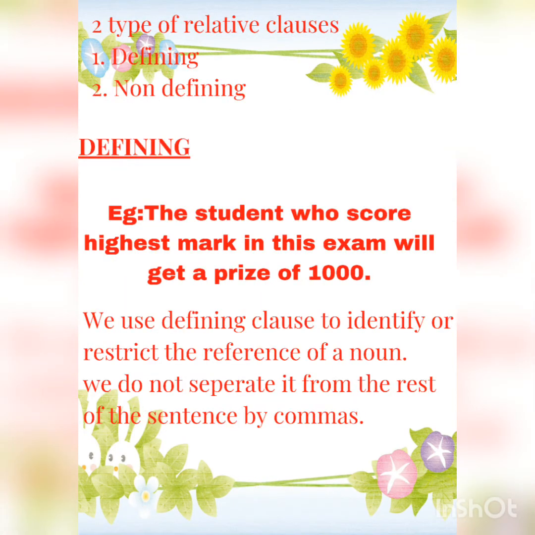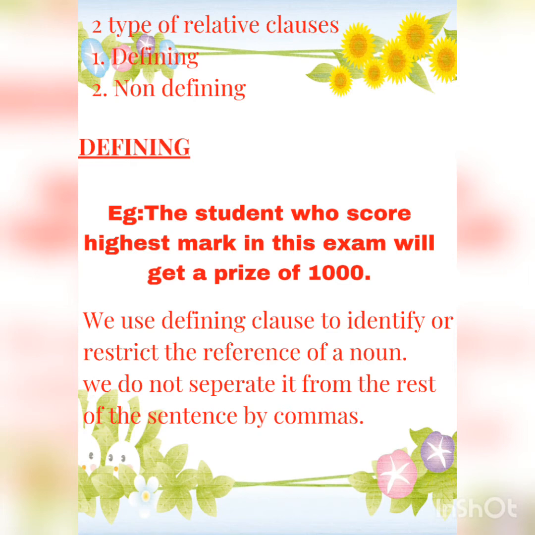And there are two types of relative clauses. First one is defining and second one is non-defining clause. Defining is, for example, the student who scores highest mark in this exam will get a prize of 1,000 rupees. We use defining clause to identify or restrict the reference of a noun.